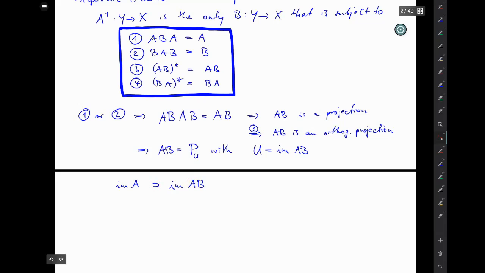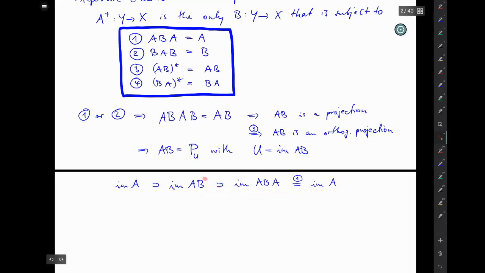direction. By the very same argument, we can even multiply another operator from the right, making the image even smaller, possibly. And let's take A as this other operator, because we know something about ABA. By condition 1, ABA is just A. So we get the image of A here, and now if you read this from the beginning, you see that, well, obviously all these implications here must be equalities.